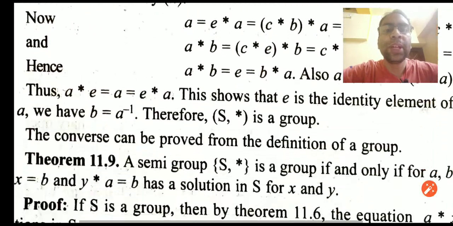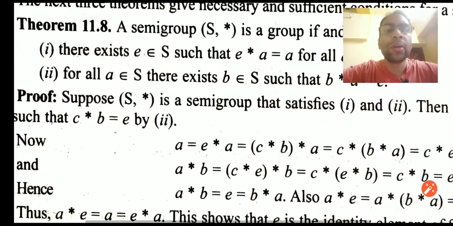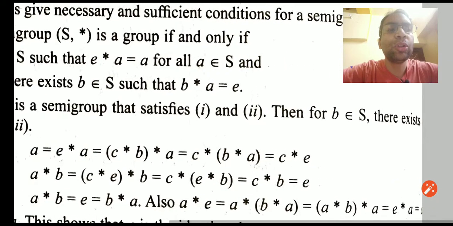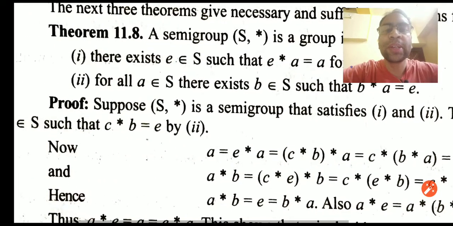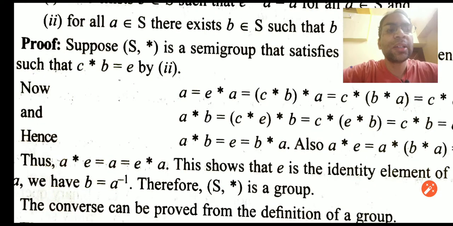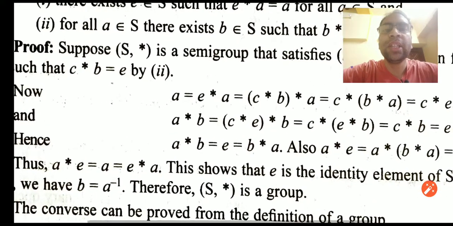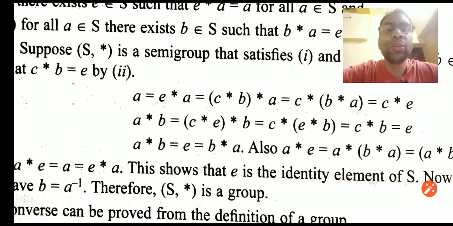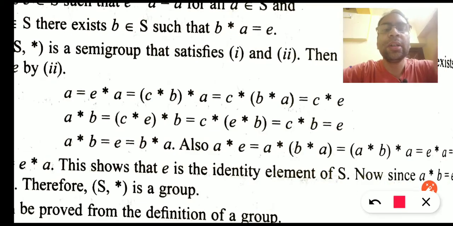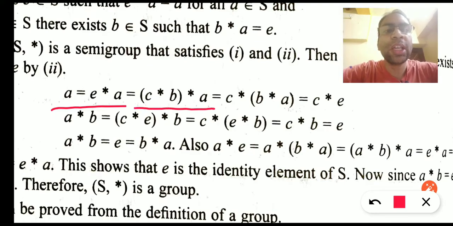For the proof, let's say (S, asterisk) is a semigroup that satisfies both the properties. Then for A that belongs to S, there is C such that C cross B is E. We have taken the assumption that there are two elements, B and C, for which C cross B will be equal to E. In that case, A can be written, assuming that E exists, as follows: we replace C cross B cross A with this, and finally C cross E results.